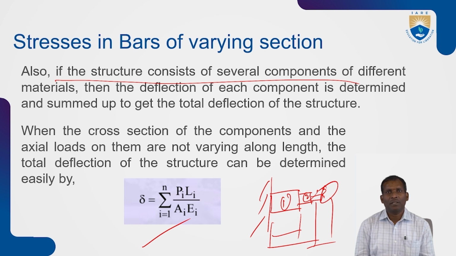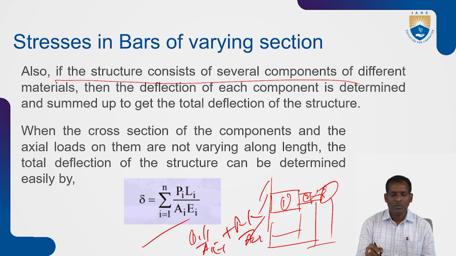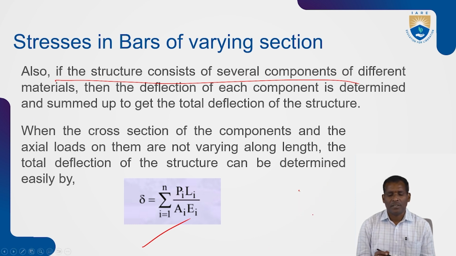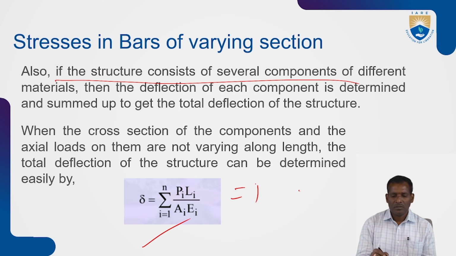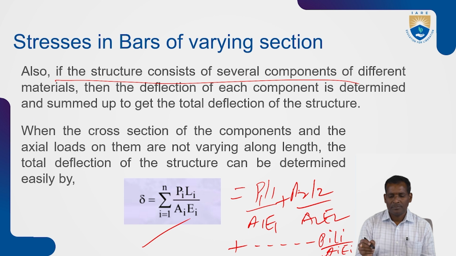First P1L1 by A1E1, plus P2L2 by A2E2, and so on. So that summation will give the deflection: P1L1 by A1E1 plus P2L2 by A2E2, simplified as the sum of PiLi by AiEi.